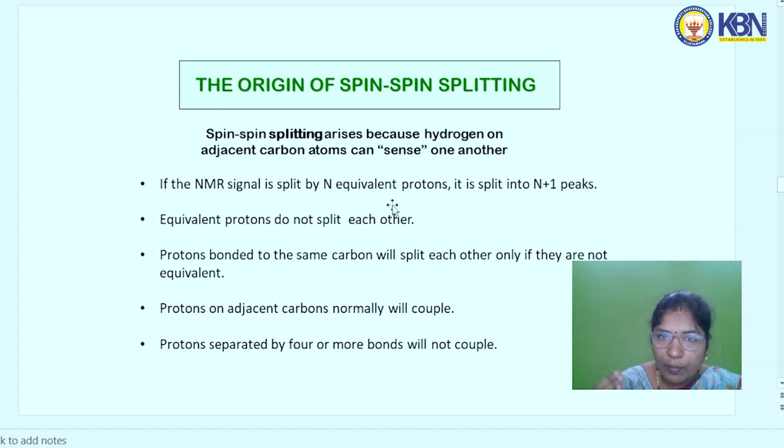NMR spectroscopy mainly deals with indirect information about the protons, that is, information about the neighboring protons. Equivalent protons do not split each other. Protons bonded to the same carbon will split each other only if they are not equivalent. Protons on adjacent carbons normally will couple. Protons separated by four or more bonds will not couple.